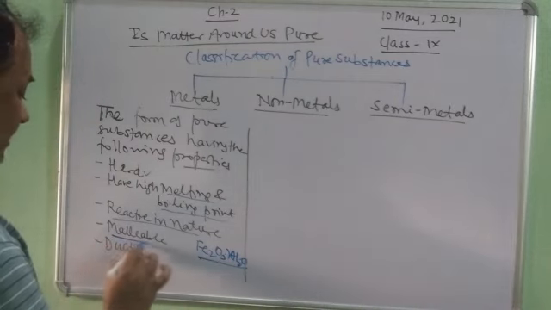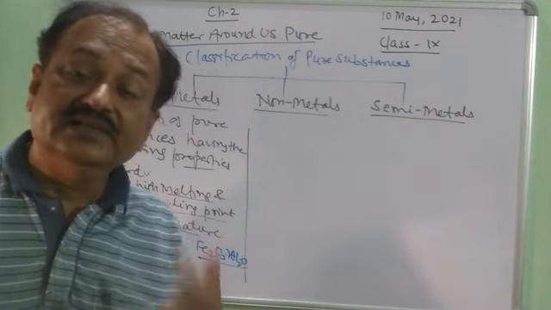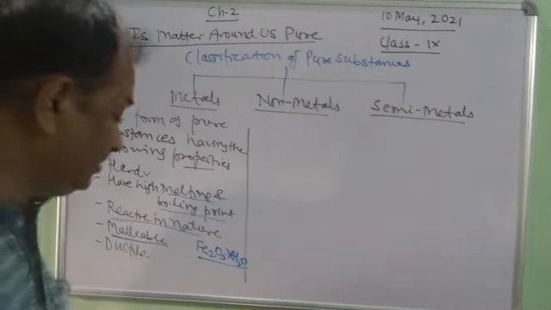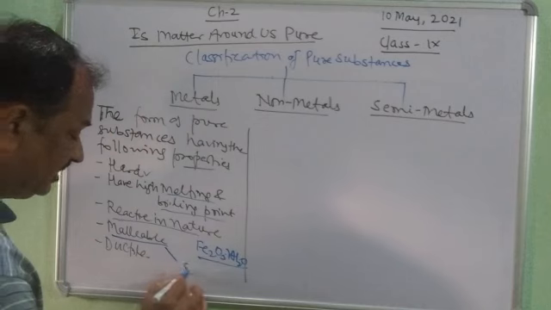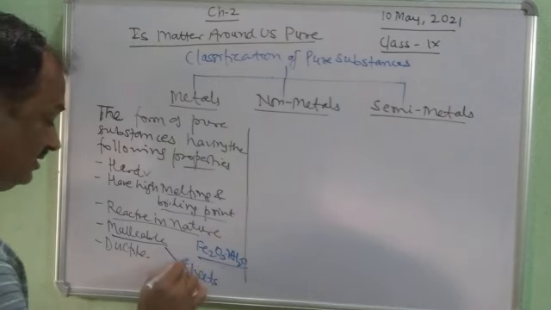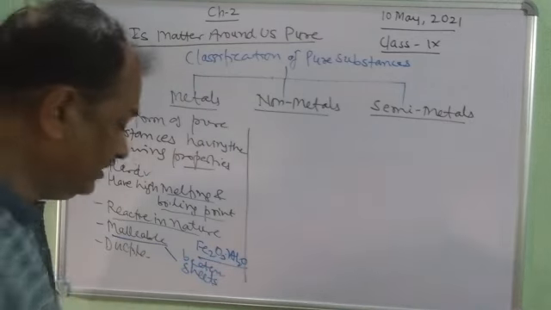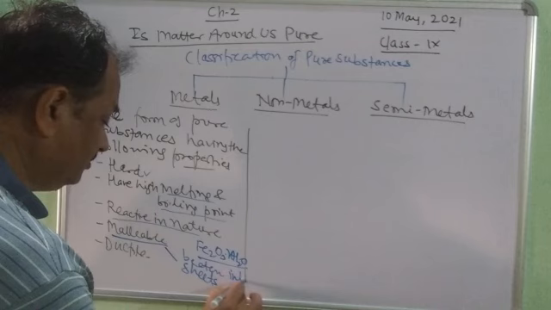Then metals are malleable. Malleable means they can be beaten into thin sheets. Beaten means they can be hammered into thin sheets.